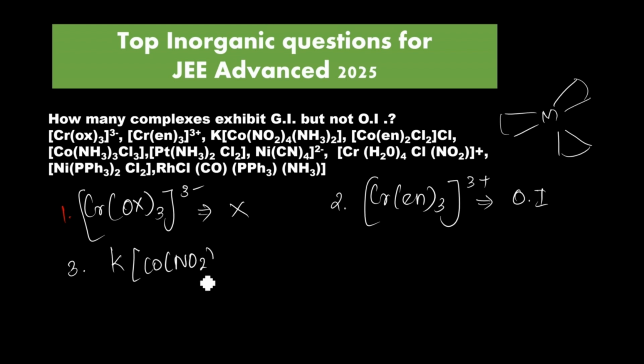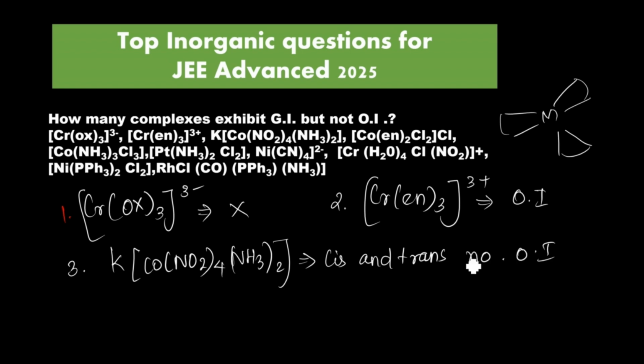Cobalt (NO2)4 (NH3)2, right? So this is A4B2 type. This can exhibit cis and trans but no optical isomerism. It cannot exhibit any optical isomerism. So which can be our answer.